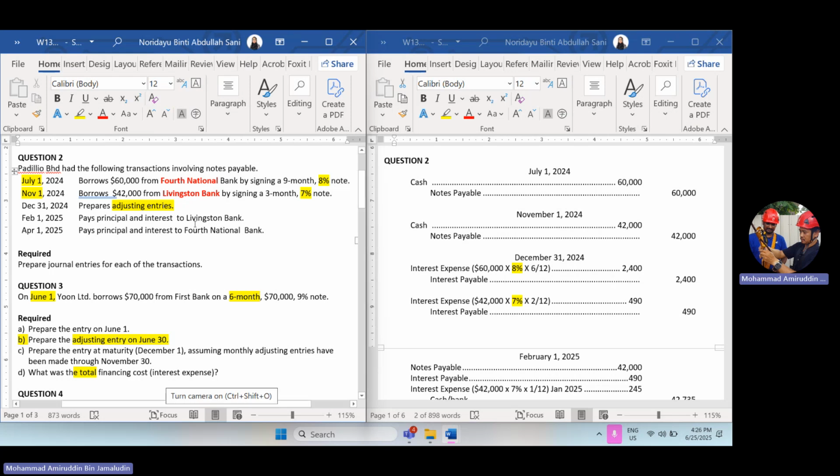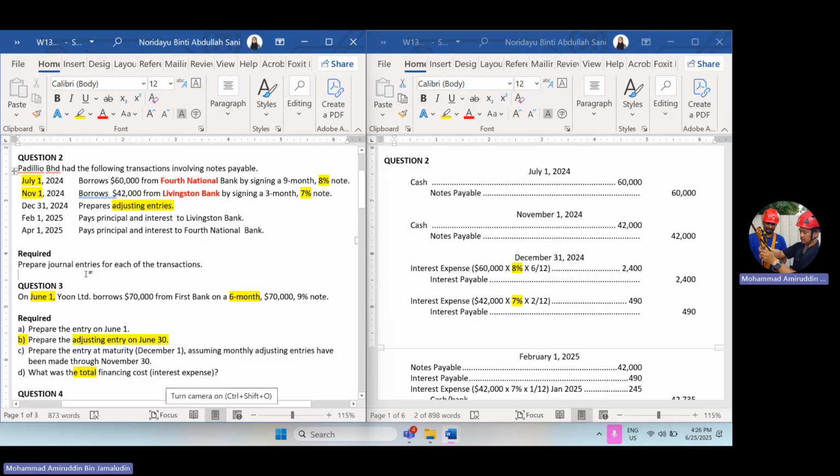Okay, next, prepare adjusting entry. Now we compute how much the interest is. For the first bank, 60,000 multiplied by 8%, multiplied by 6/12. 6/12 because it is end of year.